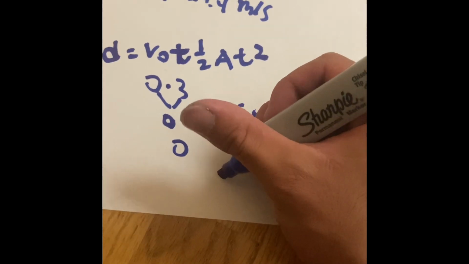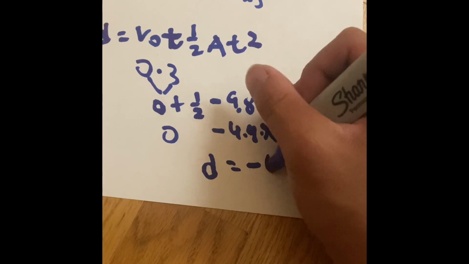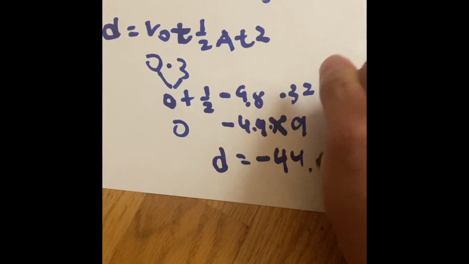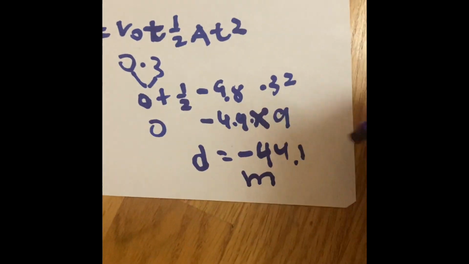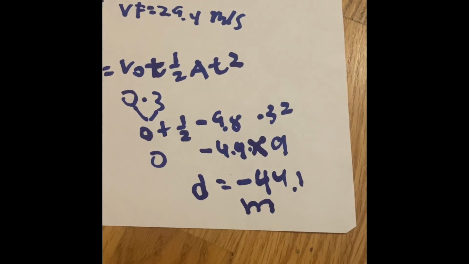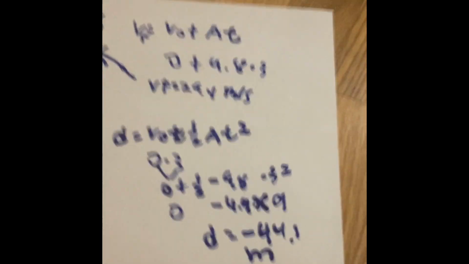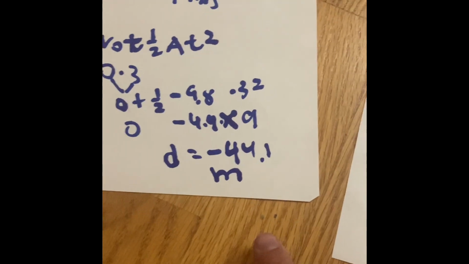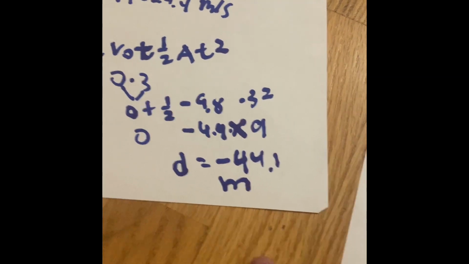Our displacement is going to be, our brick is going to fall 44.1 meters after the 3 seconds have passed. So if you throw that brick over a tower, no matter what it is, ignoring air resistance, it's going to fall negative 44.1 meters. And that's why we have a negative, because it's literally falling.